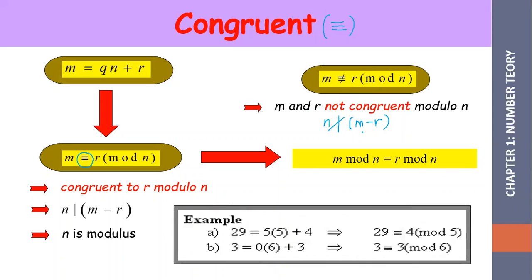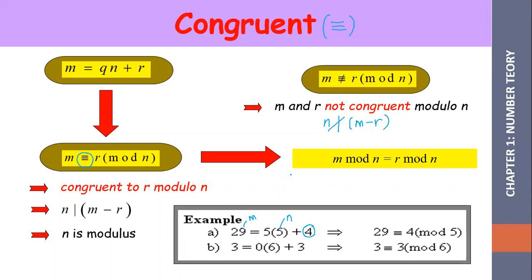Let's see the example. 29 is m and your n is 5. So you get 4 as a remainder.